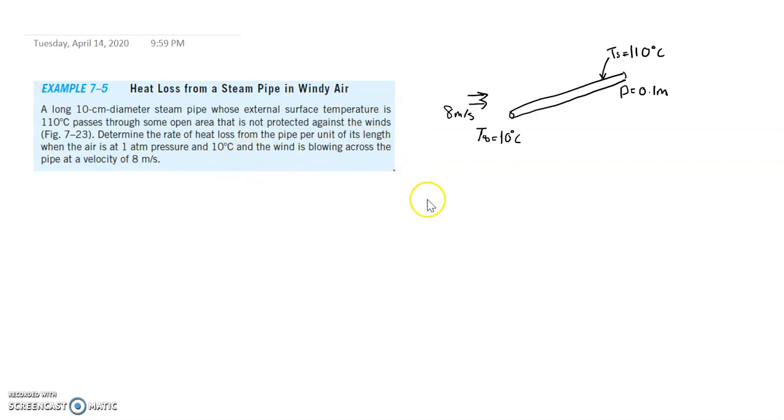So the first step is to find the film temperature to know the properties. Your film temperature is 110 degrees Celsius plus 10 degrees Celsius divided by 2, so it's 60 degrees Celsius.